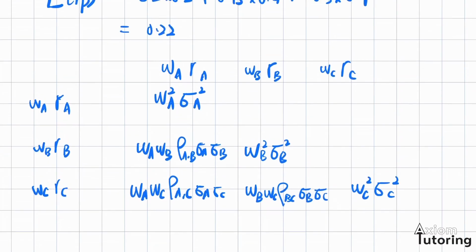So what about this part? This part is the same as this part because they're symmetric across the diagonal here. So we can just write one more term here, which is WA, WB, rho AB, and sigma A, sigma B.